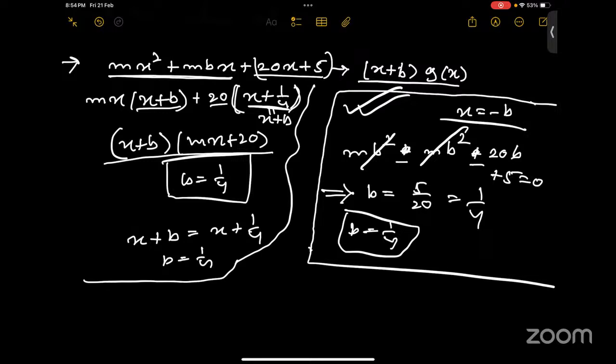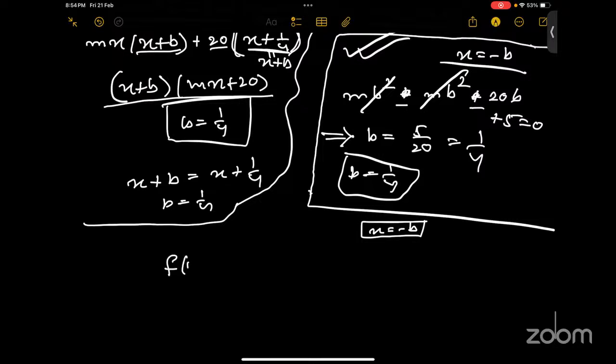That means x equals minus b will be a root of the equation. So we are putting the root inside the equation and solving it. If we have the root, then the root will satisfy the equation, right? We have the factor x plus b, so basically x plus b equals 0.